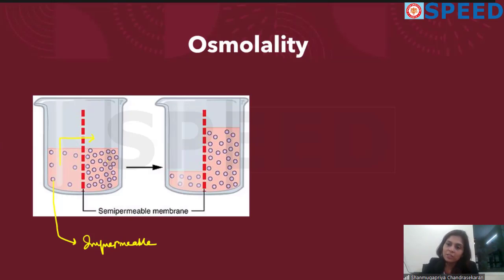Do you understand this? It raises the level of the fluid on the side where you have more impermeable solutes.